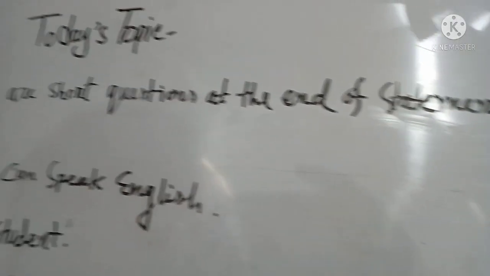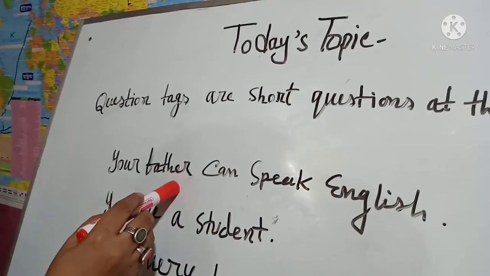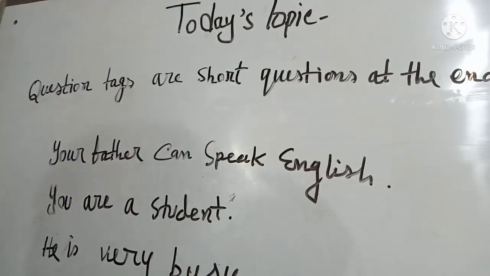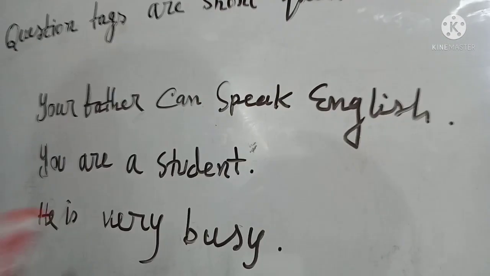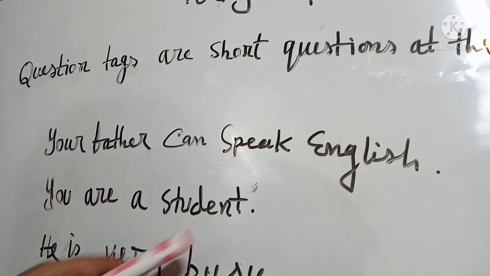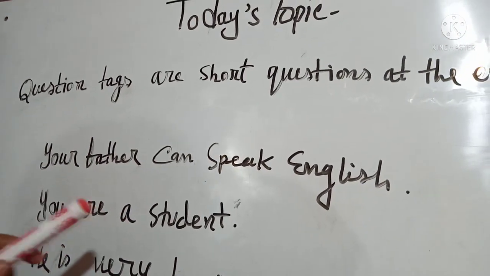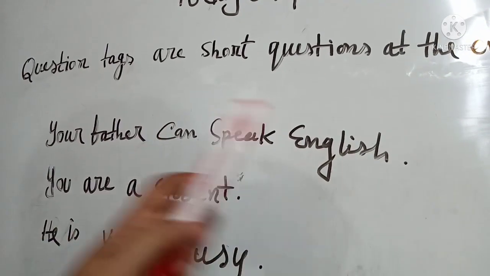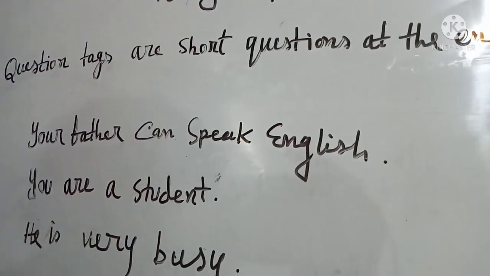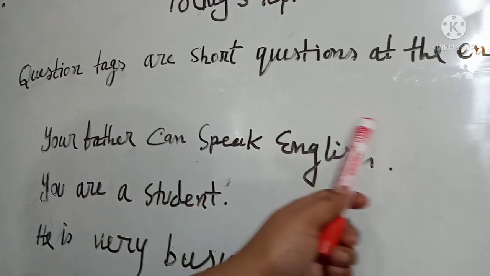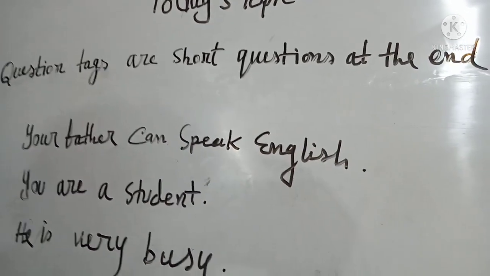Dear learners, your father can speak English. You are a student. He is very busy. Tag questions are short questions at the end of a statement. So what do I use?